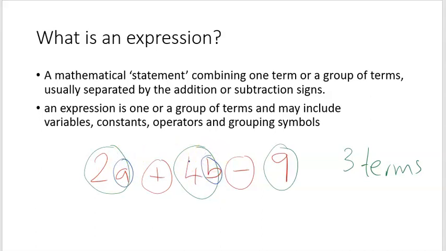There's 2 variables. It says you can have constants. The constant here is -9. Remember to take the subtraction sign with it. And also coefficients. So you have 2 coefficients there. The 2 sits behind the a and the 4 sits behind the b.